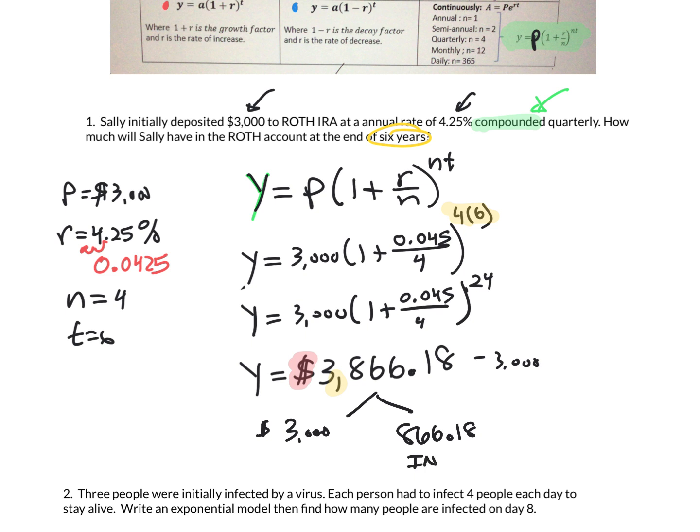That is what you earned by leaving your money in that product, that Roth IRA, for 6 years. You actually made a profit of $866.18. Of course, the government's going to come and take a little chunk away, right? But anyways, you're still earning money.